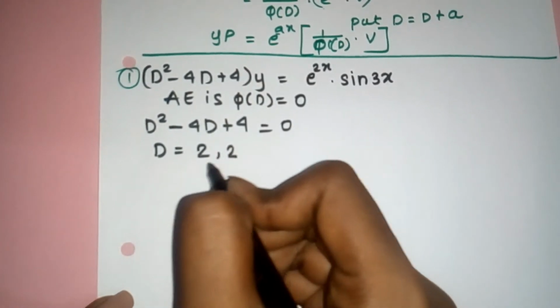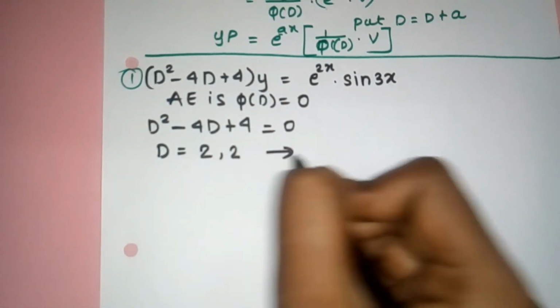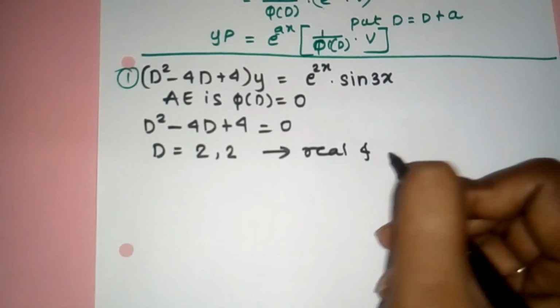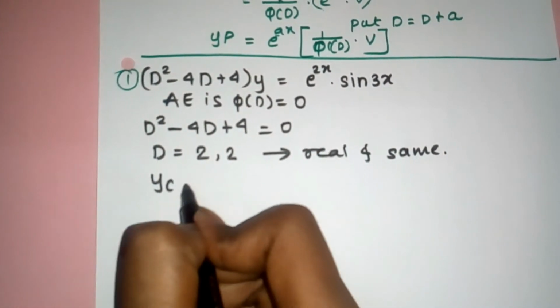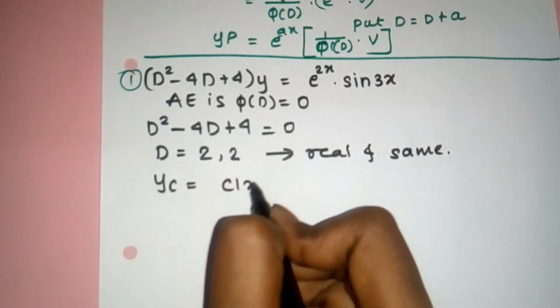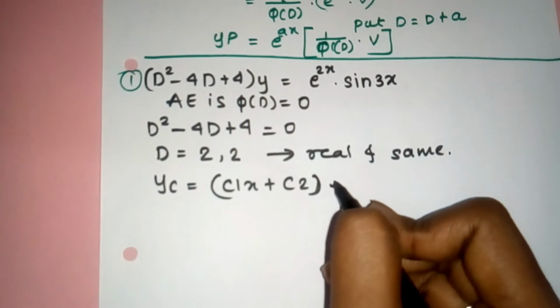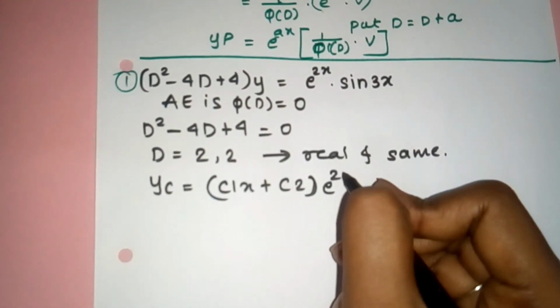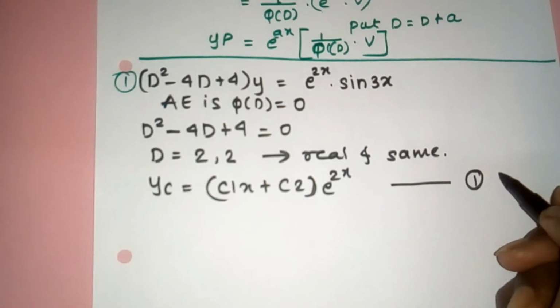You all can find the roots through calci. So the roots are 2 and 2. They are real and same. So yc will be c1x plus c2 into e raised to 2x. So this is the equation 1.